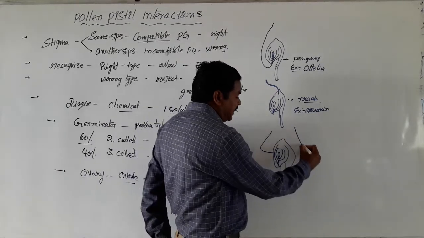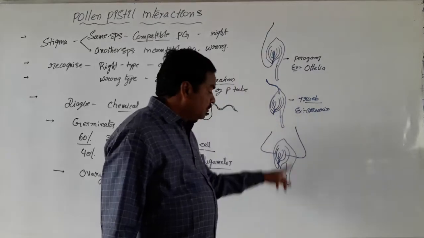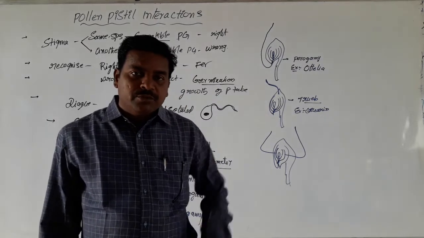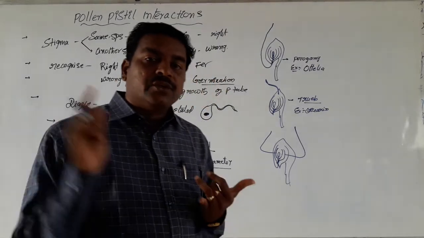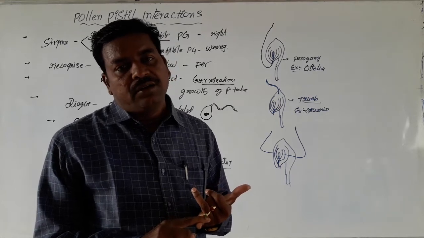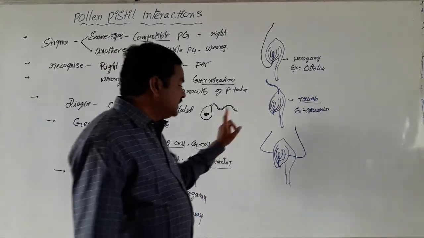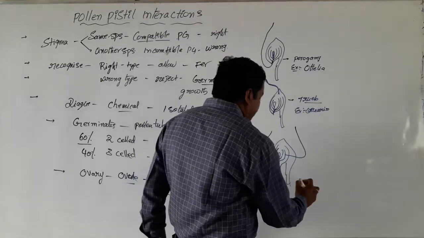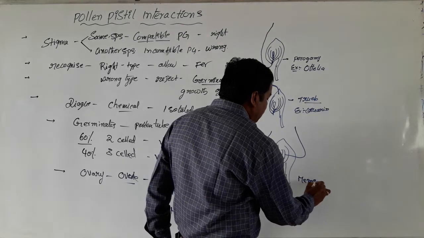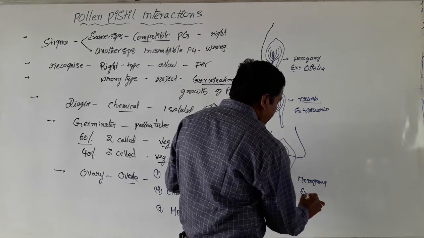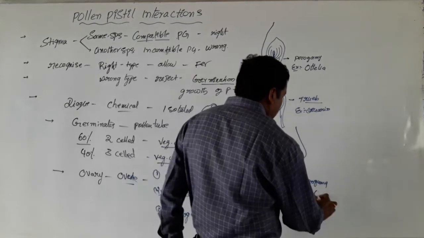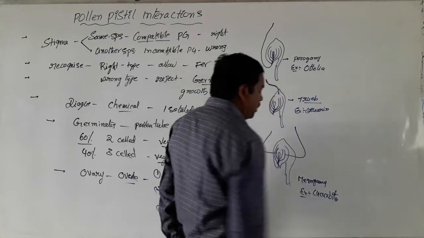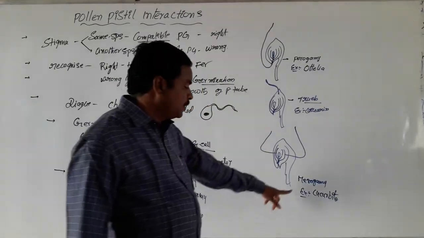Sometimes it may enter the ovule through the funiculus and integuments. This entry of the pollen tube through the integuments or funiculus is called mesogamy. The best example is cucurbits, Cucurbita or cucumber, members belonging to family Cucurbitaceae.